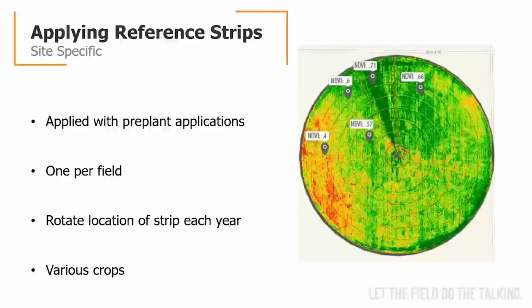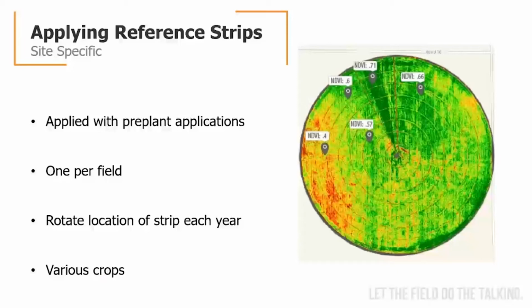Another option is to place some smaller strips in each of those pre-established management zones, or maybe even yield zones. And with these approaches, we can have site-specific variable rate application that can be prescribed for each of those. If you have multiple hybrids or varieties out in the field, you'd want a reference strip within each of those, or one that crosses each of those hybrids or varieties.